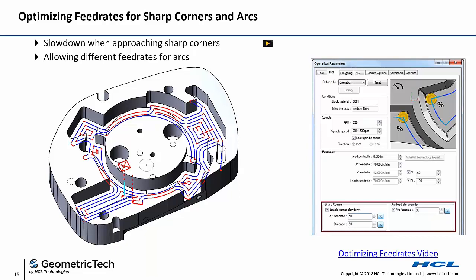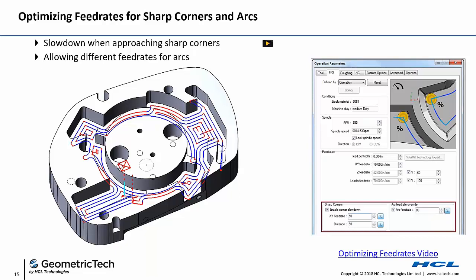Over there on the right, you'll see where there's now a couple of new selections on the feed and speed tab for sharp corners. You can enable corner slowdown, so you can reduce the feed rate as it comes towards that sharp corner. You can also specify a distance for how far before and how far after you want the feed rate to be adjusted or reduced typically. And so these are all new options that you see at the bottom of the feed and speed tab.